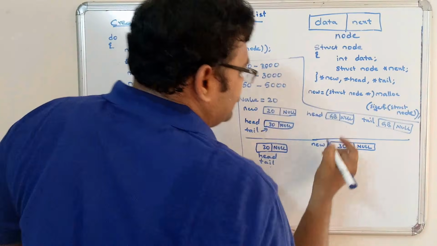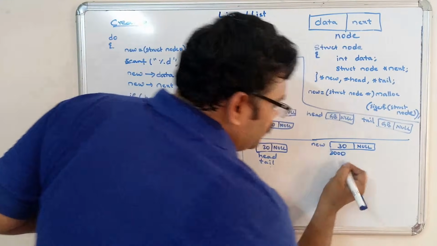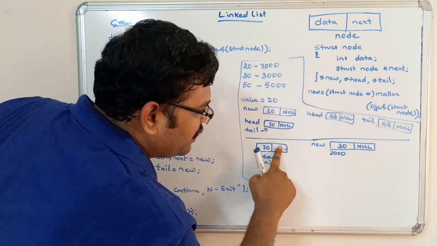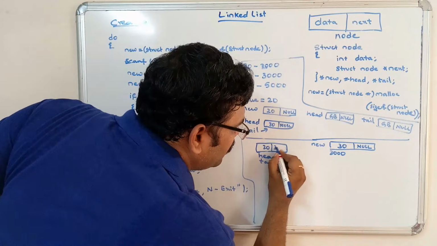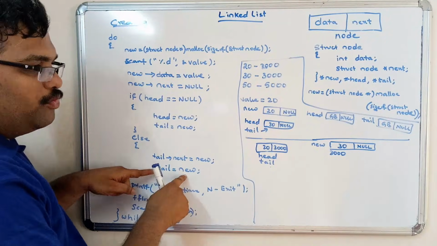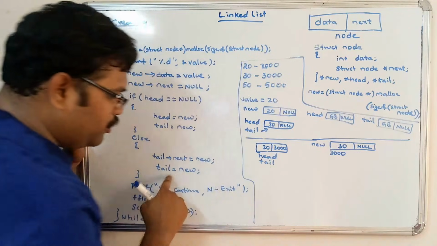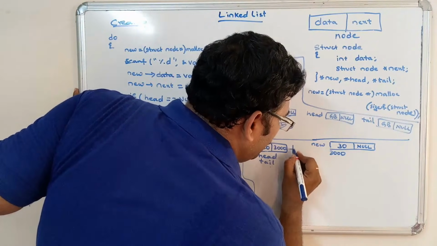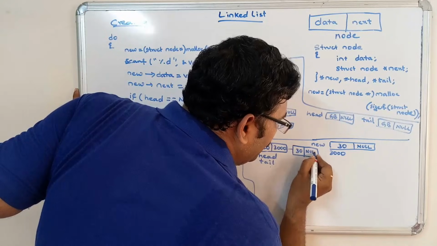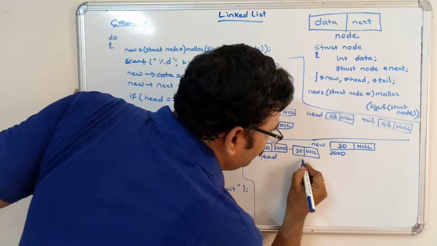So the new address is 3000, and that will be assigned to tail of next. So here null will be replaced with 3000, and then tail is equal to new. So obviously one more node will be created. Here 30, here null, and the tail will be moved to this one.